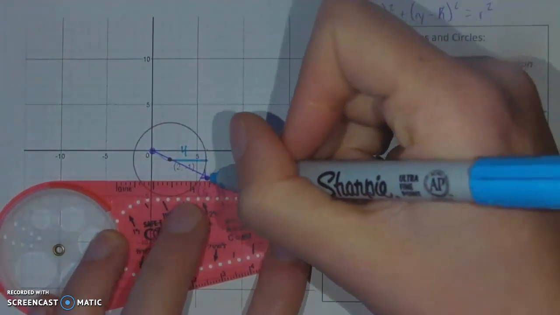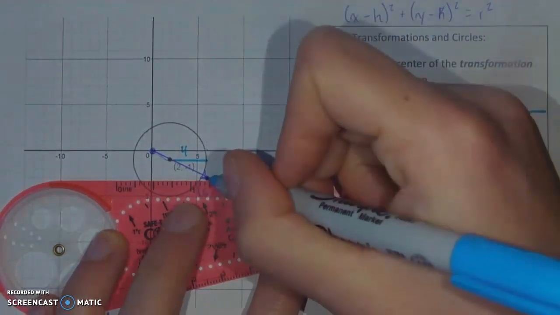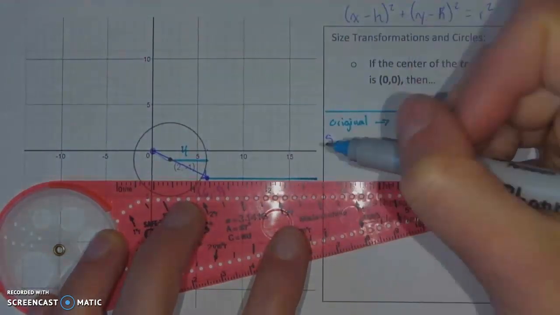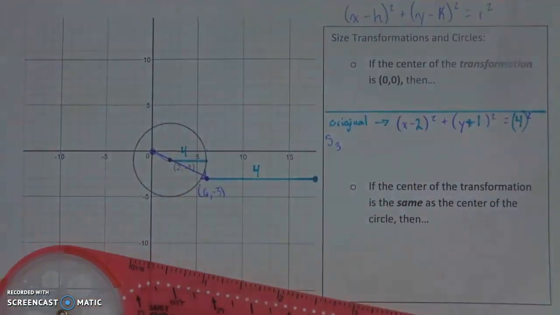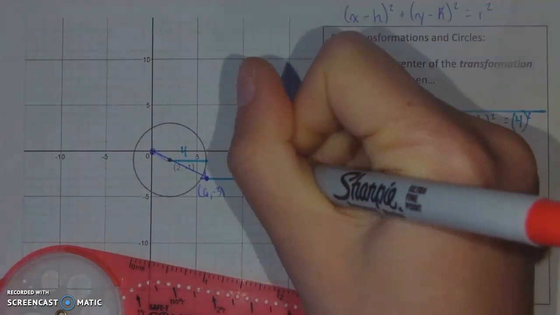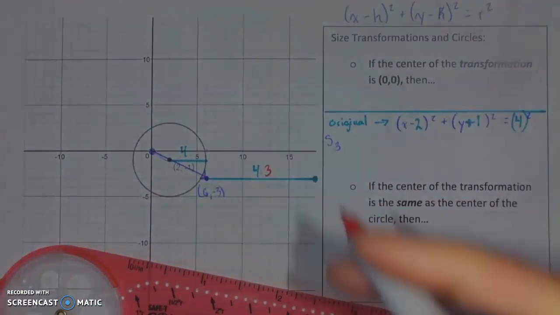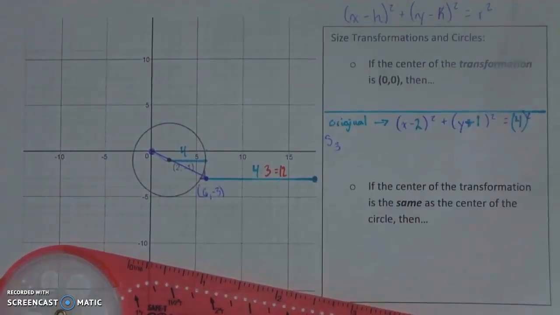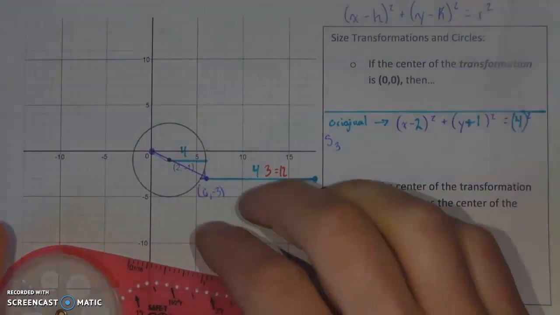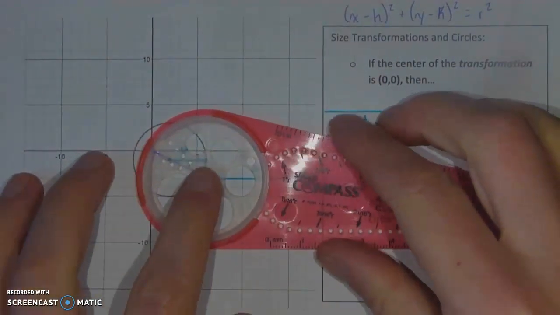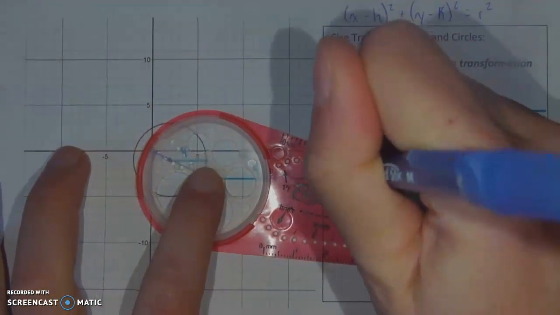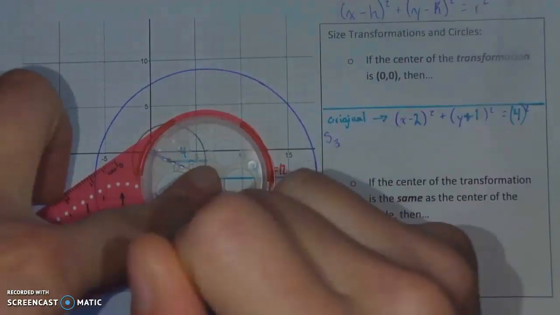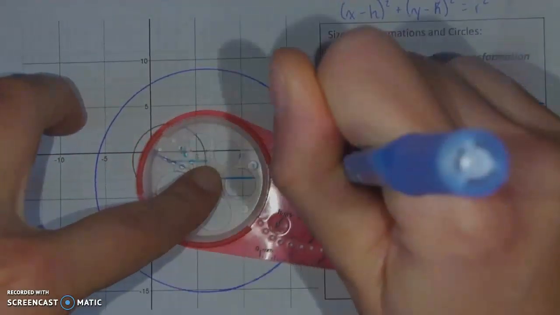And that brings me all the way out from the point 6 to the point 18. At this point, since I now have 4 times my magnitude of 3, or 12, I can draw in my circle and get my final answer. Now this is going to give me a circle, slightly off here, but a circle that looks like that.